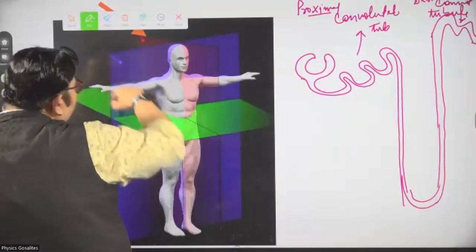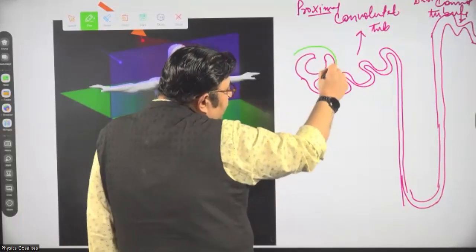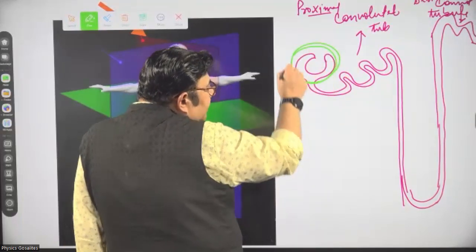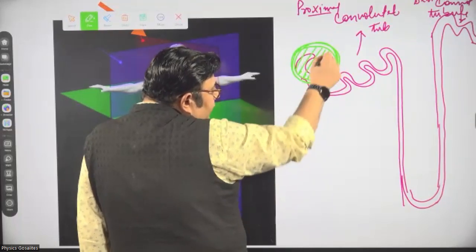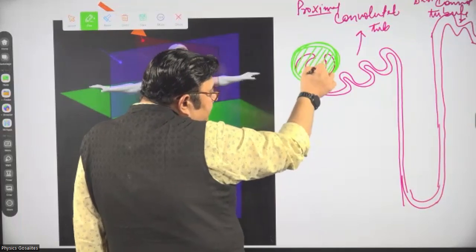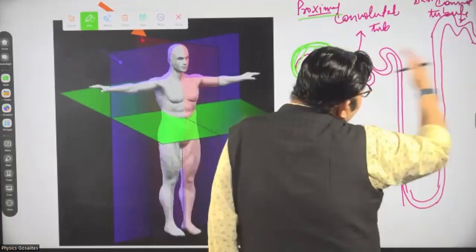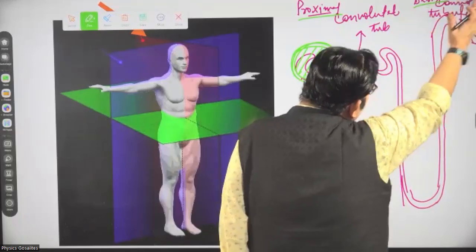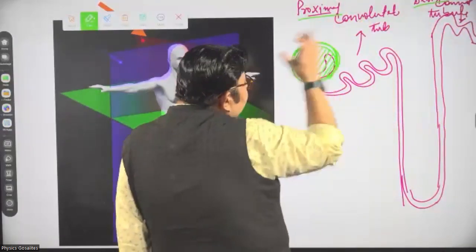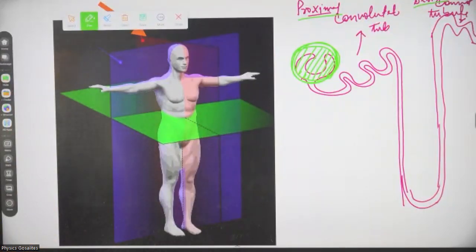Those who know Hindi can refer to it as pass, meaning closer to the point of reference. In the nephron, the point of reference is the filtering unit, the Malpighian body. Closer to this is proximal, and farther than this is called distal. Proximal is closer and distal is door, farther, okay.